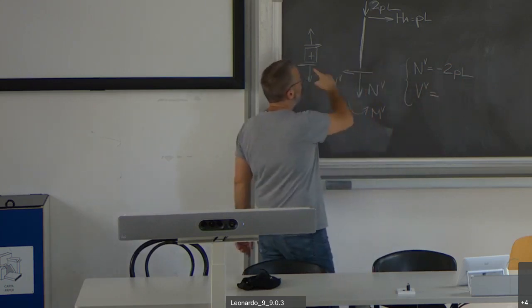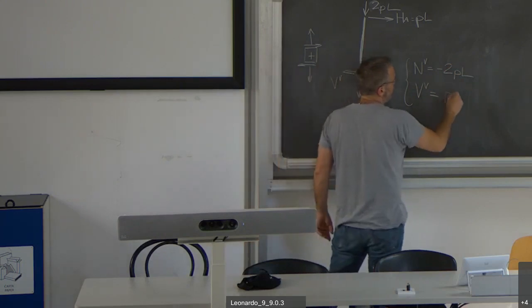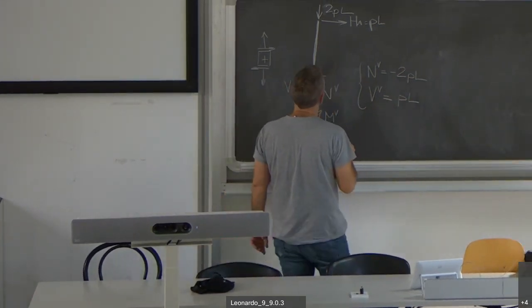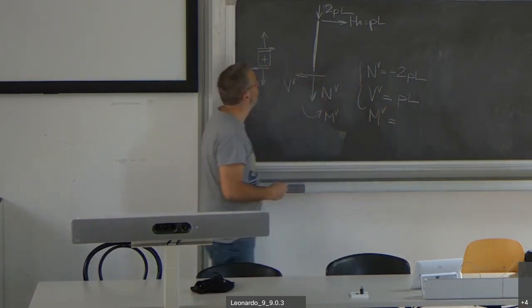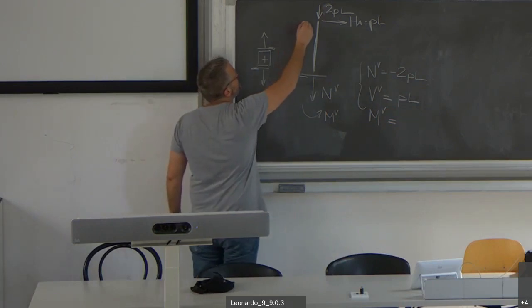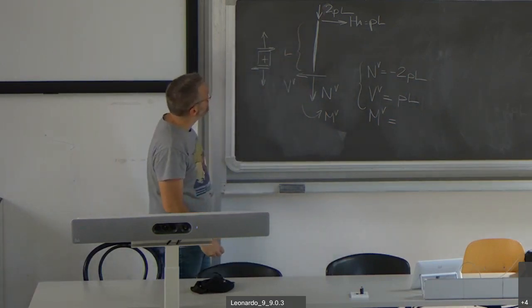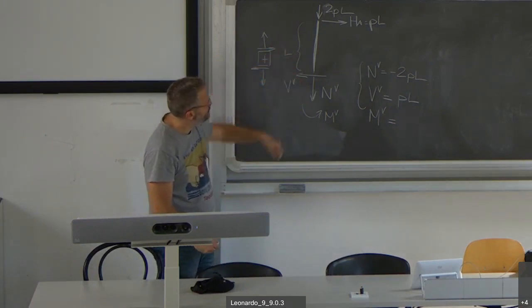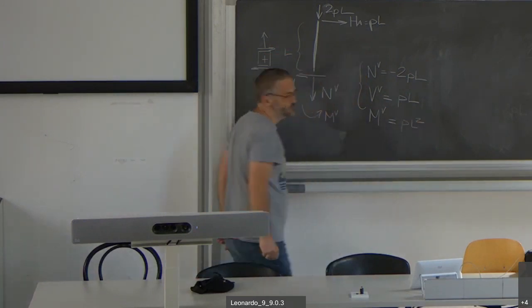V5 to the left, HA equal to PL to the right, PL. What about M5? If this is L, then M5 equals PL squared.